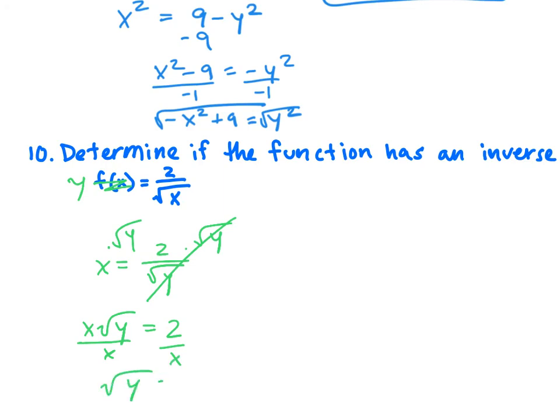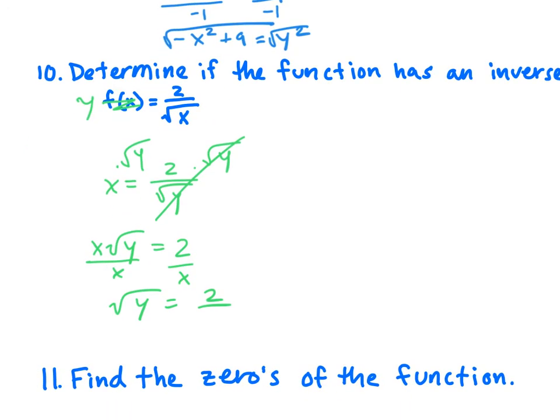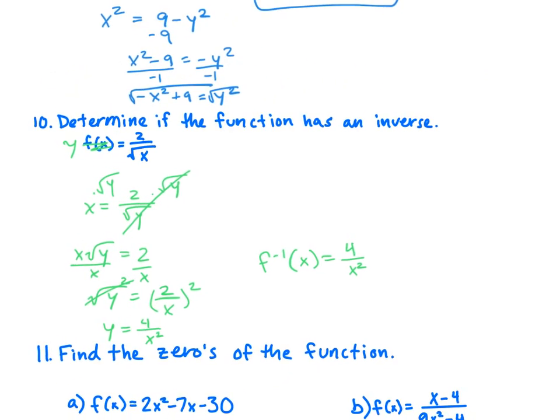So I have the square root of y is equal to 2 over x. And then to get rid of that square root, I need to square both sides. So it cancels out on the left. I have y is equal to, we need to square the top and the bottom here. 2 squared would be 4, and x squared is just x squared. And then we change this back to our inverse, so f negative 1 of x is equal to 4 over x squared. So yes, this does have an inverse.